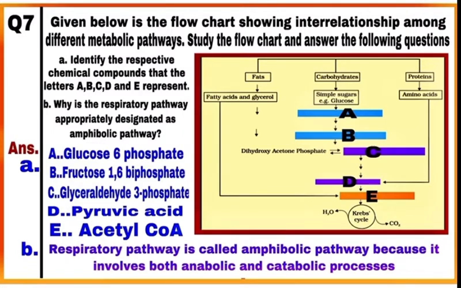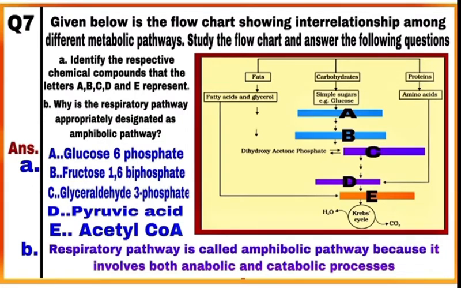A is glucose 6 phosphate, B is fructose 1,6 biphosphate, C is glyceraldehyde 3 phosphate, which changes to D, which is pyruvic acid. This pyruvic acid will convert to E, and this E is acetyl coenzyme A, which further enters the Krebs cycle.